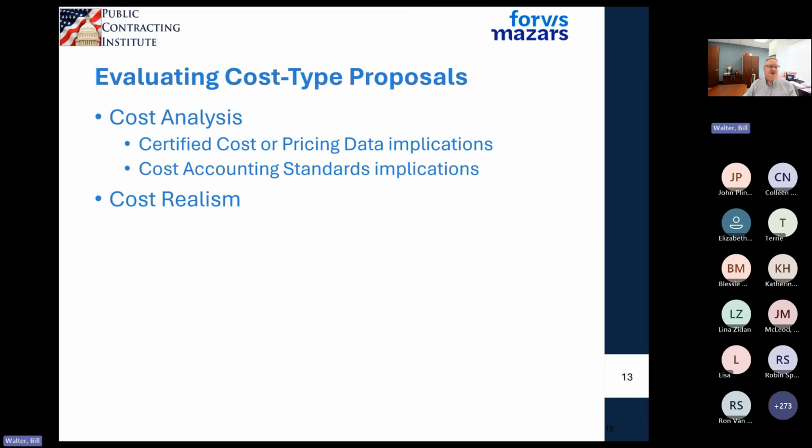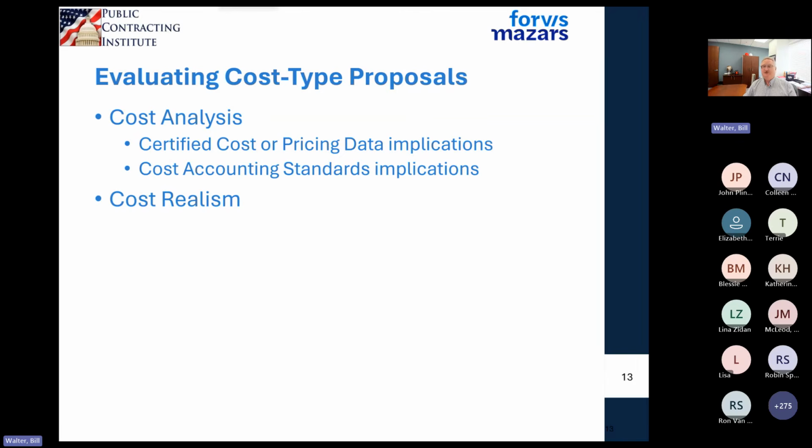When looking at a cost type contract, if you've taken classes before, you know the government has price analysis, and cost realism. Under a cost type contract, the government will definitely do cost analysis, and they'll look at your rates and factors, et cetera, but they'll also do a cost realism analysis, making sure that the costs that you're proposing are realistic.